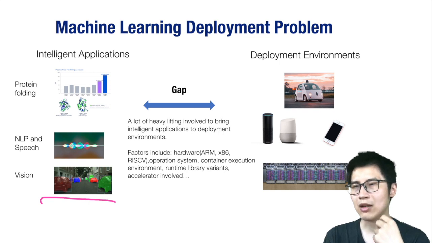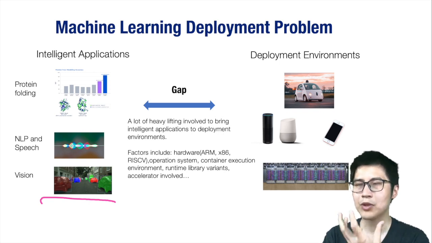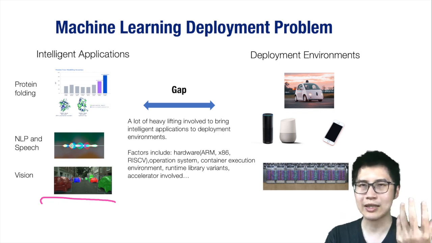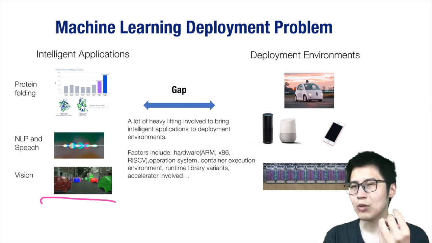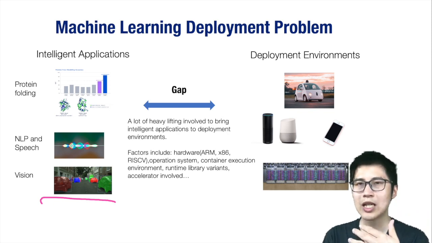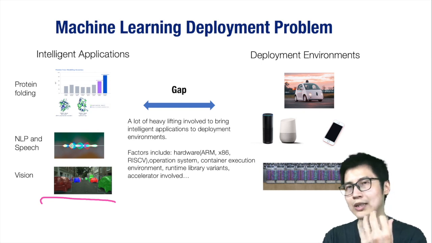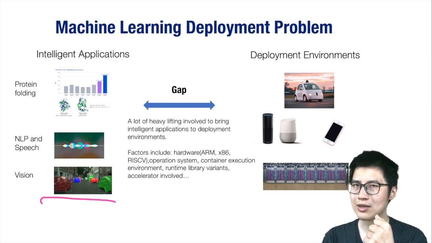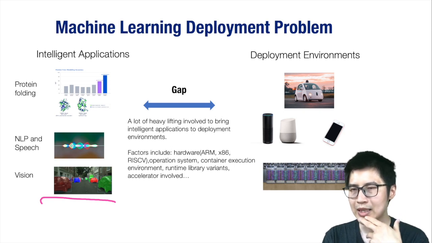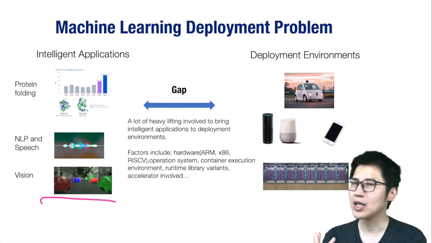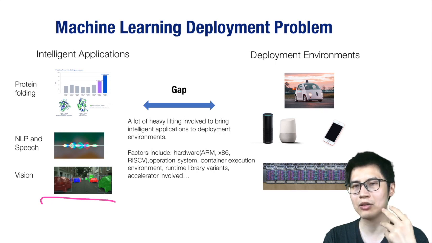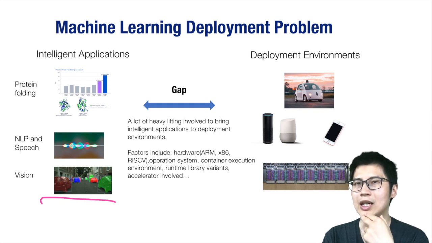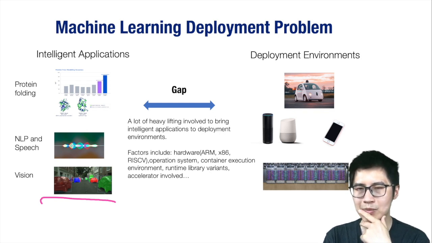In the case of protein folding, maybe we want to run them in data centers so that we are able to find some of the sequences. But in other cases, maybe we want to run those machine learning models on DNA sequencers or other specialized devices. If we look at NLP and speech recognition, some of them have to run on smart devices, such as smartphones and smart speakers.